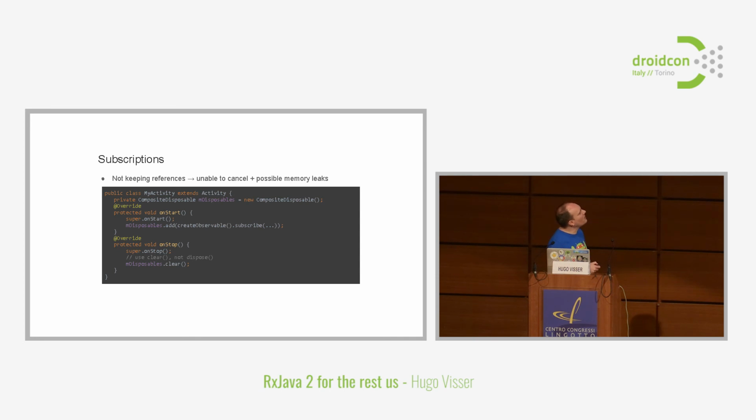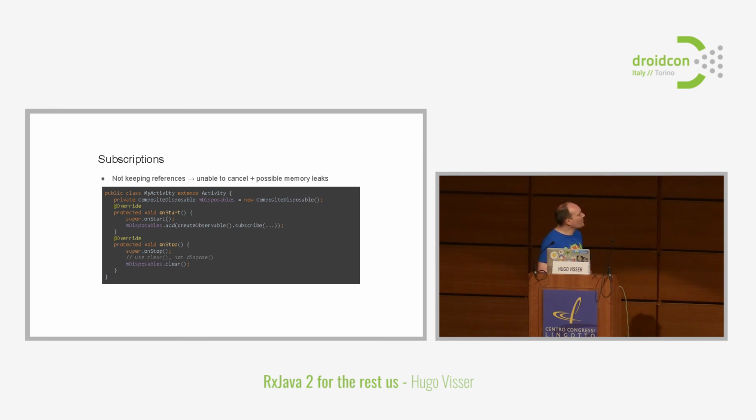So you subscribe to it and you put the disposable in this composite disposable object. And once you want this work to clear out, so you can add multiple things here, right? So once you want to cancel all of these operations in one go, you just call clear on the object. And clear will then unsubscribe or dispose all of these subscriptions.